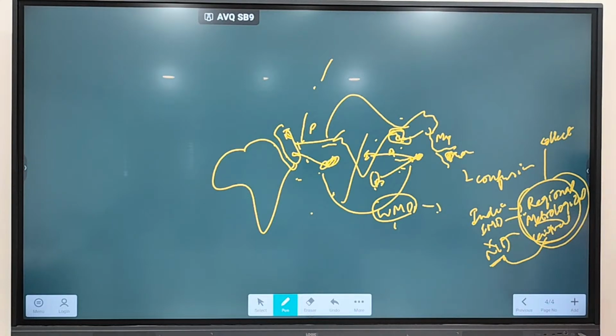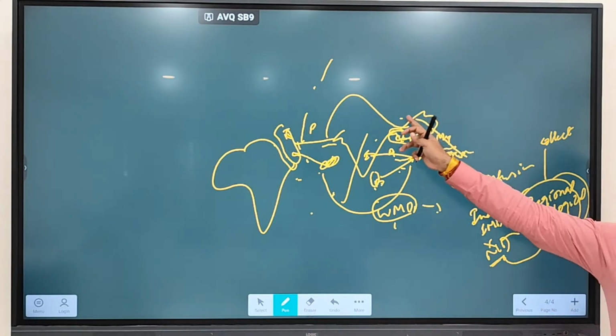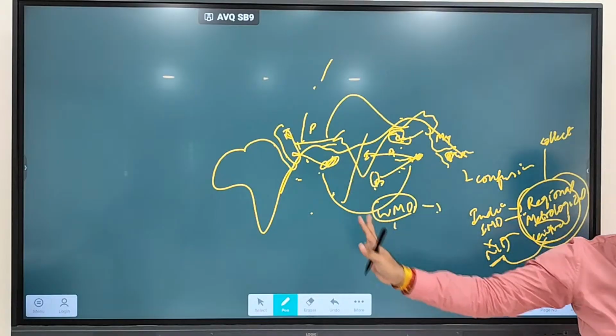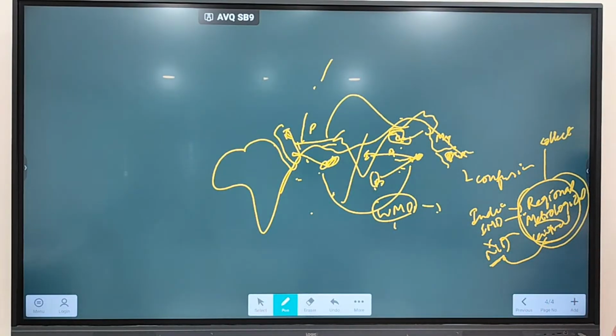So how is this naming procedure done? As we discussed, all the countries which are impacted by the cyclones submit names to the regional meteorological center, and one name is chosen in alphabetical order. That is how the naming of cyclones is done. Fine.